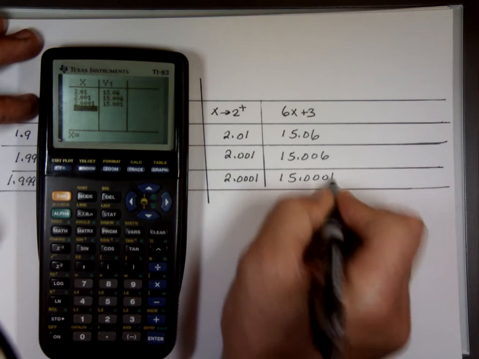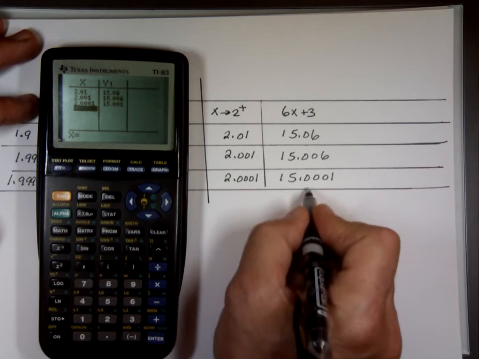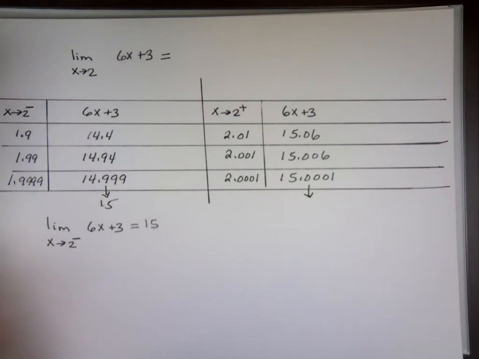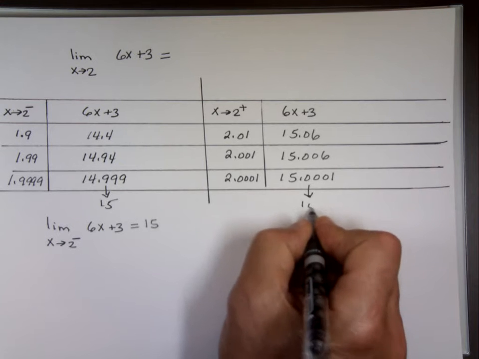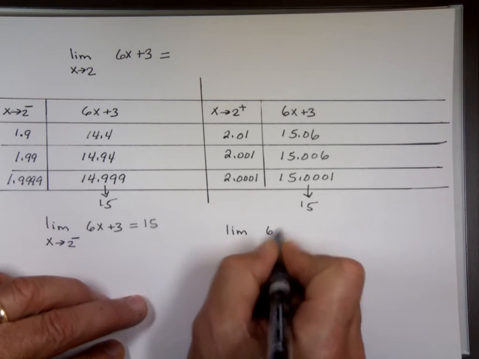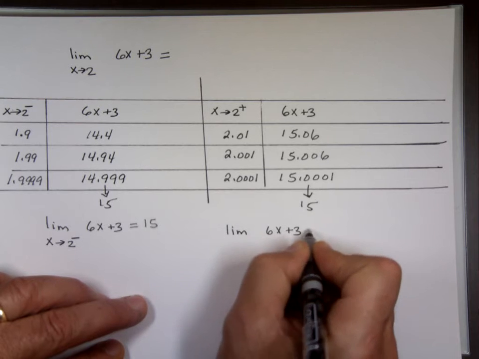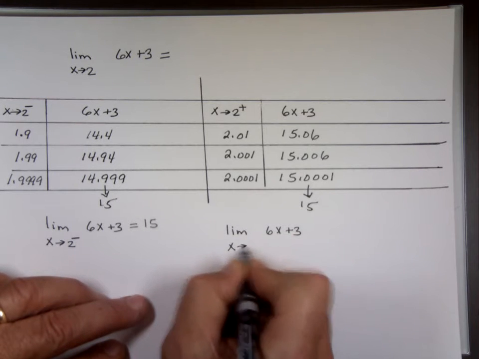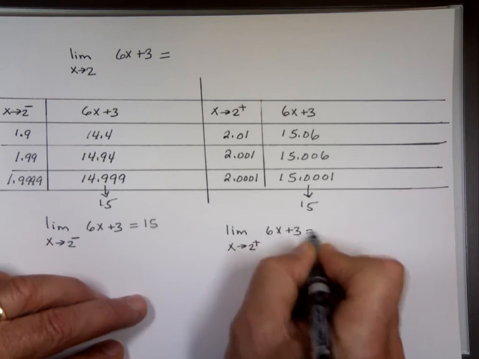We'll have an extra 0 there. But what do you see that number going toward? 15 again, too. So my limit from the right is equal to 15.